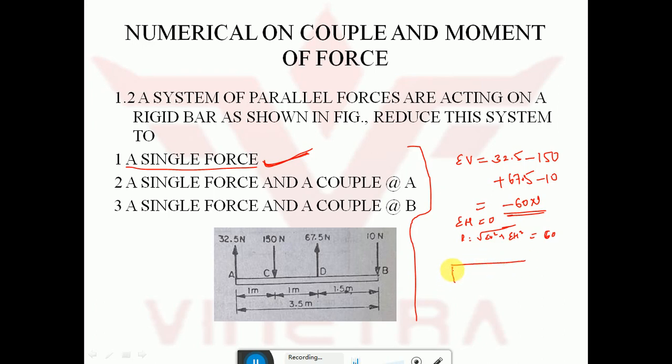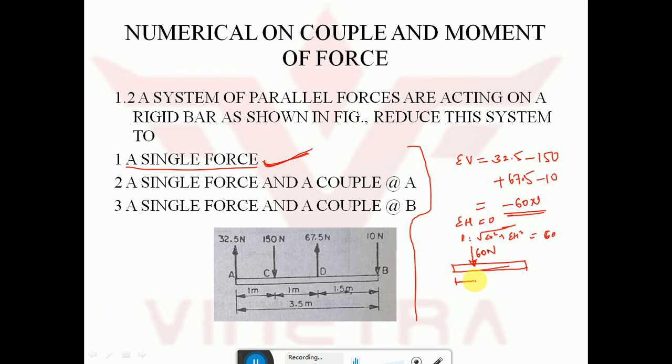See here on this bar, there is a bar which has four forces at A, B, C, D. Now I have converted it into a single force acting in the downward direction having a magnitude of 60 Newton.